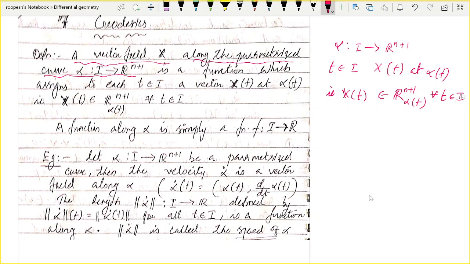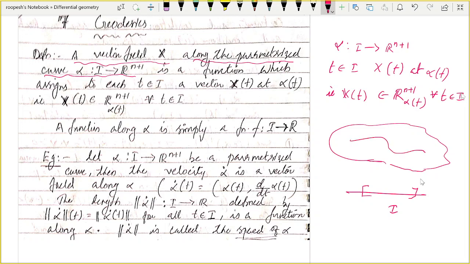Here we have an interval I, and from this to some space or surface we are defining a curve like this. So this is your alpha, from a to b. In order to have the vector field along the curve alpha, for every point t we have alpha of t over here.